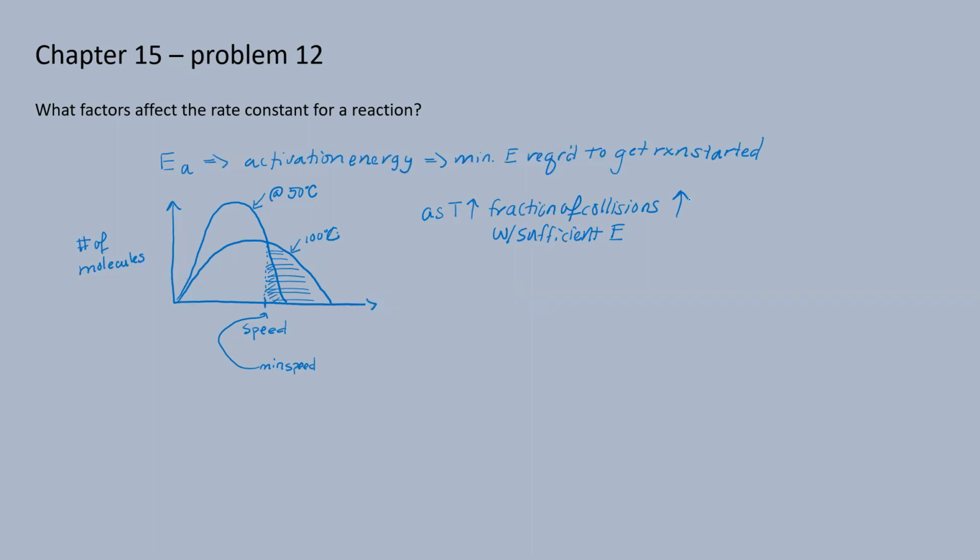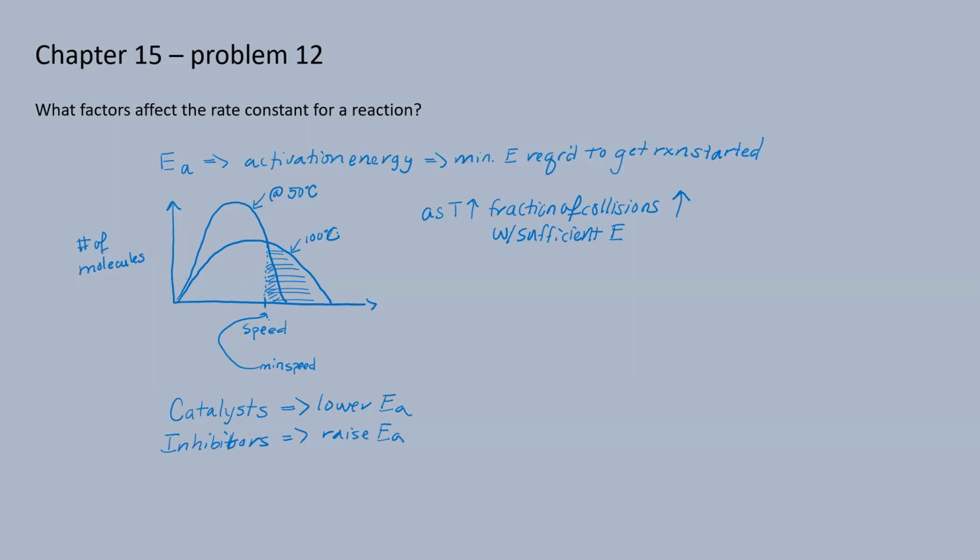Well, it doesn't change if the temperature changes, but the activation energy can change by adding a catalyst or an inhibitor. So catalysts, they lower the activation energy, and inhibitors raise the activation energy.